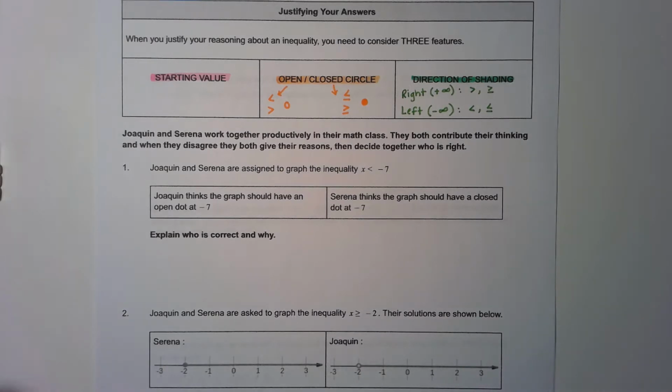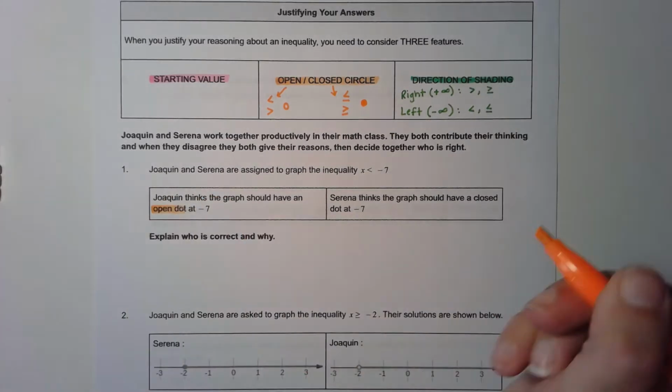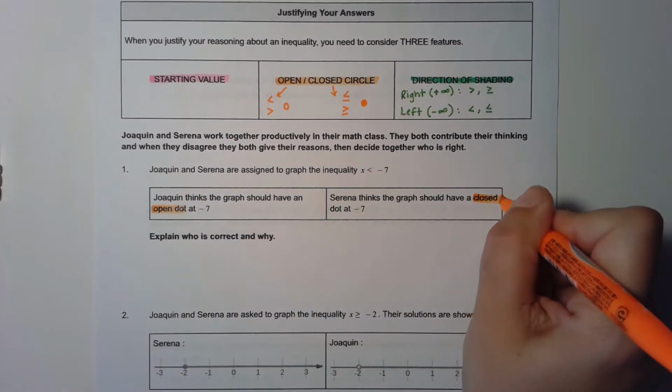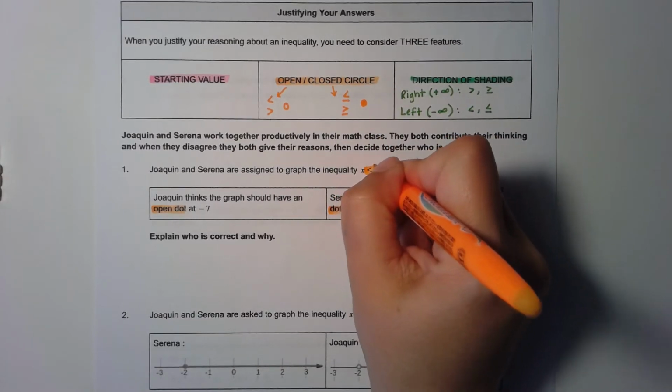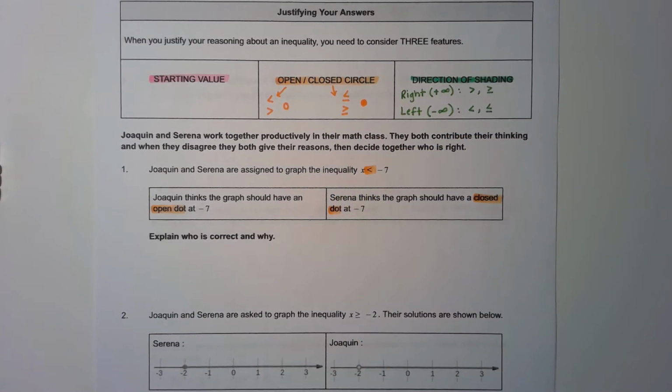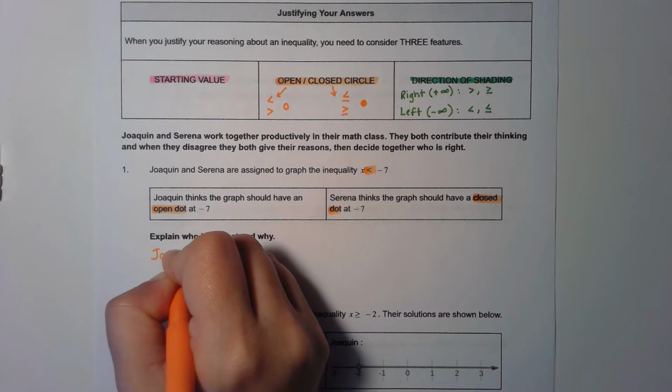Now, the big difference here is that Joaquin thinks that there should be an open circle, and Serena thinks that there should be a closed circle. The way we decide that is we look at the inequality. Since there is no equal to, there's no little underline underneath the less than, that tells us we should use an open circle. So if we wanted to explain who is correct, we would say Joaquin is correct.